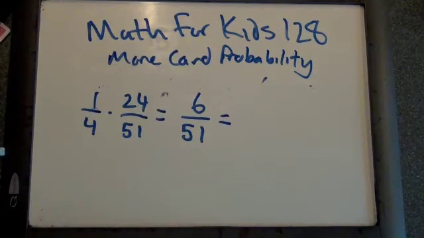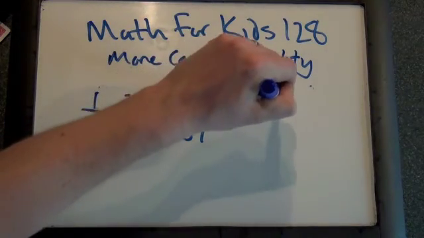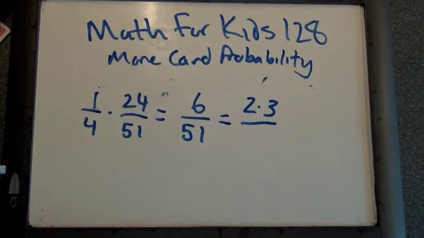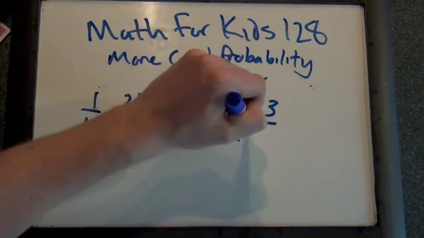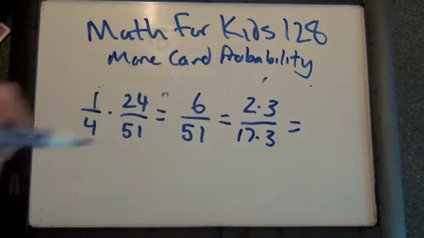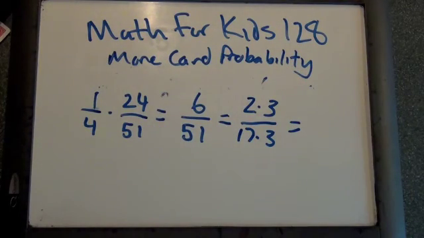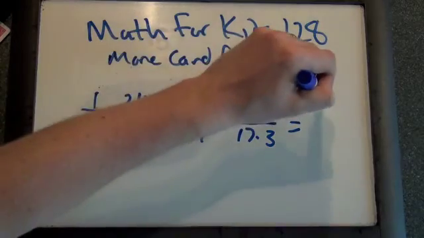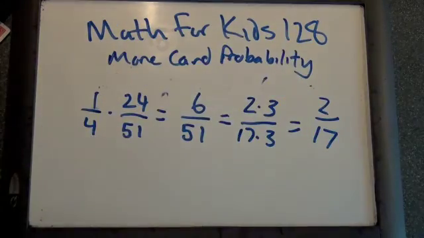What is 6? 6 is 2 times 3. What is 51? 51 is 17 times 3. So the fraction 6 over 51 equals what? It equals 2 17ths.